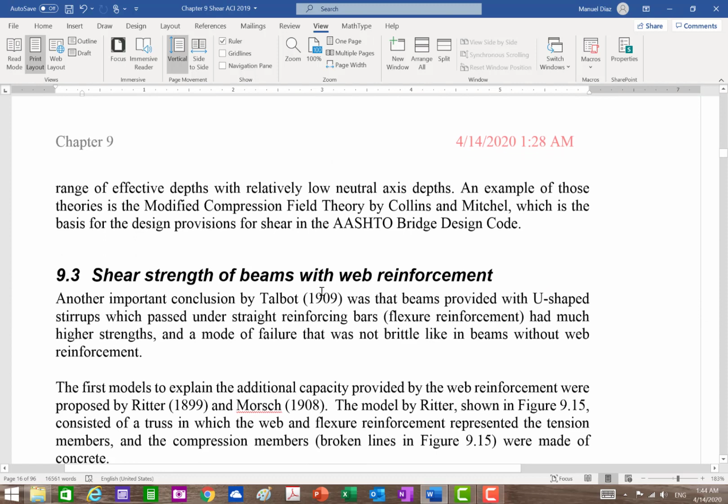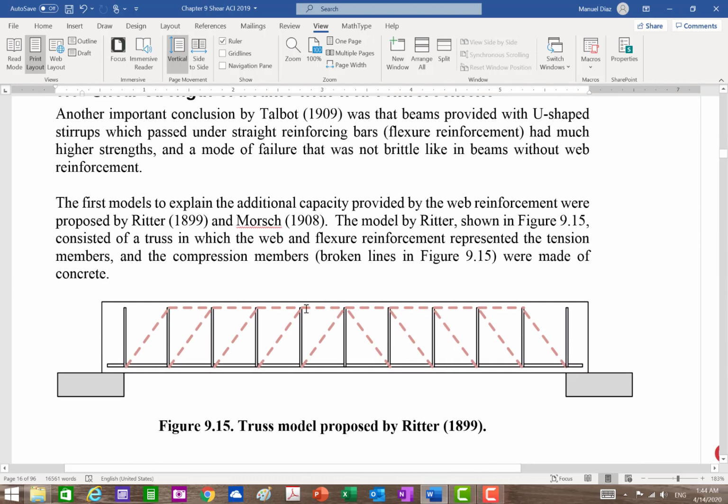You've never seen it. And this concept right here is useful in the sense that you can look always at a beam as a truss. A truss made up of longitudinal steel. The stirrups are acting as the vertical members. Concrete acting as the compression member. And diagonals being compression struts. Okay? So the concrete acts as diagonals.